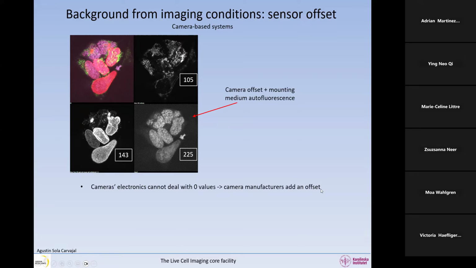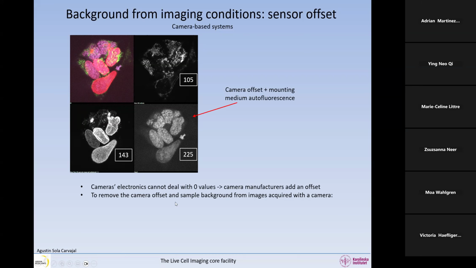So we never start at 0 with a camera. Whereas in a single point confocal, we could have an image that is 0. So if you turn off your laser and you get an image, you will get very, very close to 0 with a single point confocal. But on the camera, you can't do that. You take one image with no laser, your value will be around 100, and that is called the camera offset.